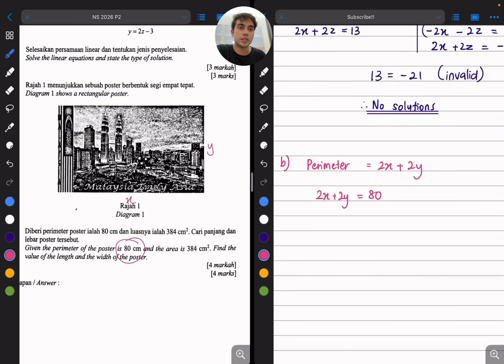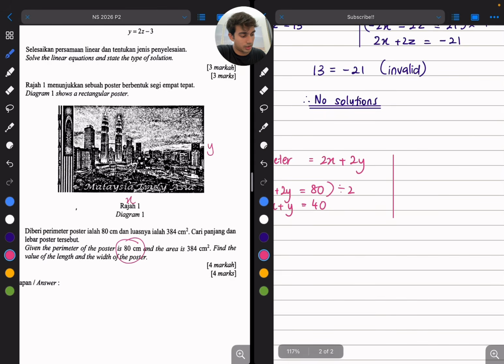From here we can simplify, since we can divide all of this by 2. We get x plus y equals 40. Next they gave us the area. So area is 384. Area would be x times y, so x times y is 384.